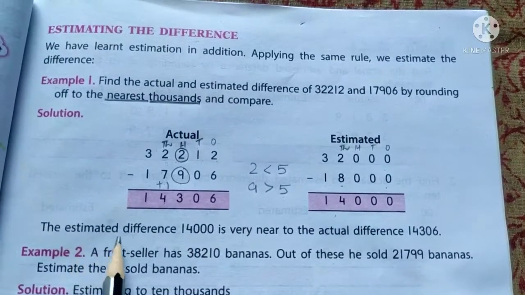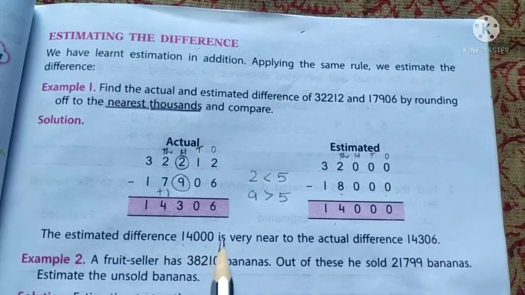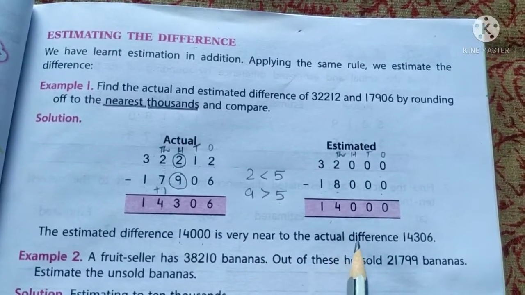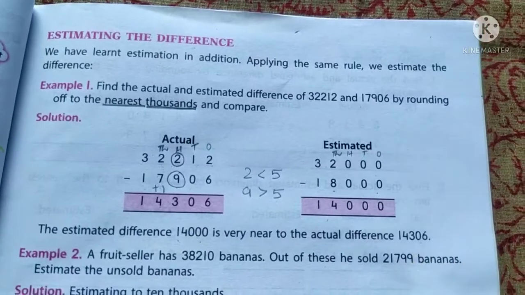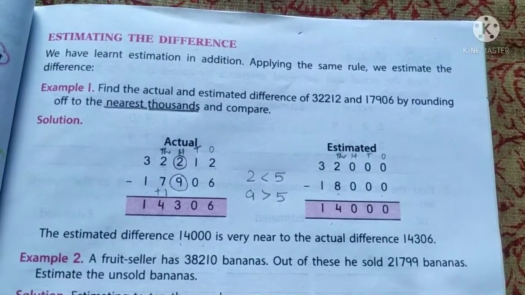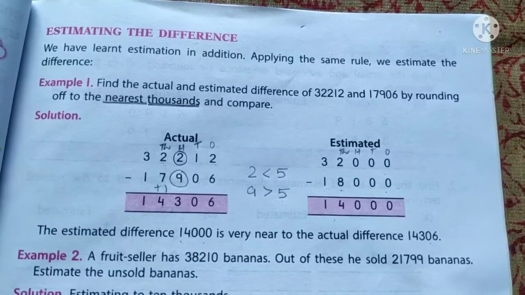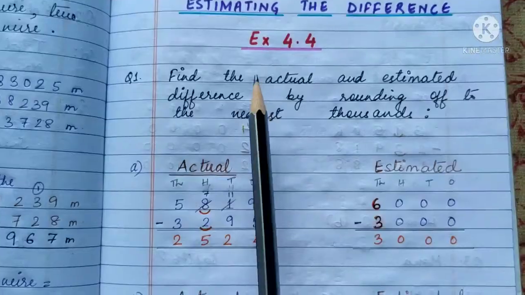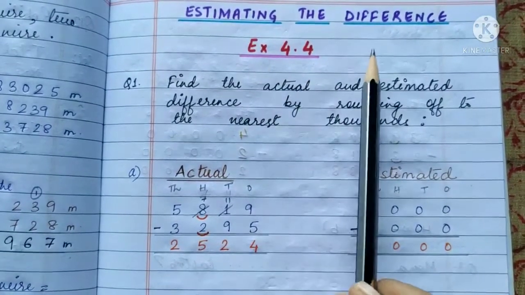So when we compare the estimated difference, which is 14,000, it is very near to the actual difference, which is 14,306. In this way, you have to find out the estimated difference by rounding off to the nearest thousands or 10,000s. Let us proceed to exercise 4.4, estimating the difference.